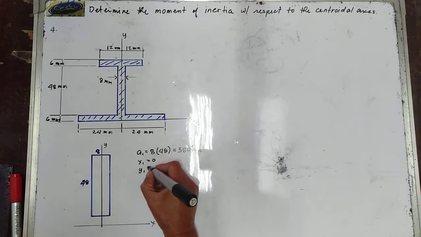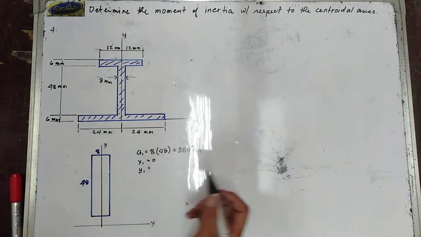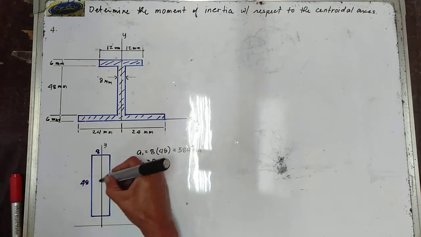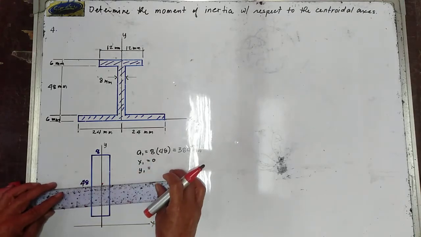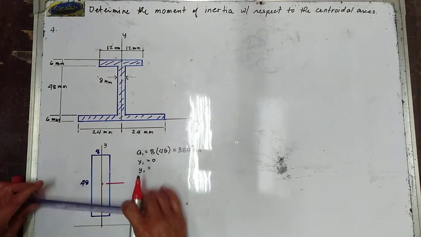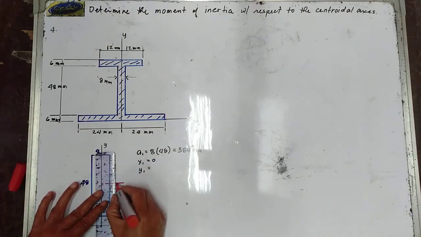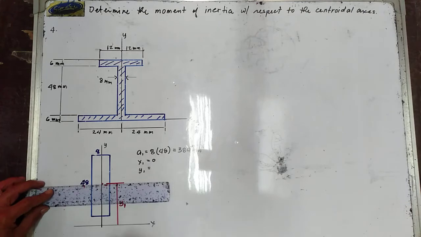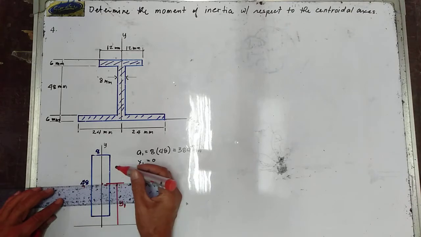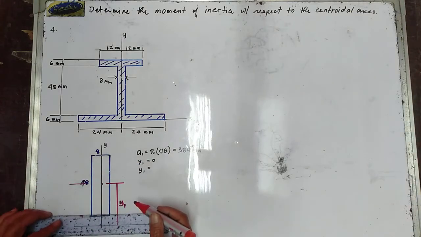So your y1 is referred from the given x-axis. This one is the centroid of this area. Therefore, this is now your y1. So the value of y1 is equal to, 48 is 24 up to this point.